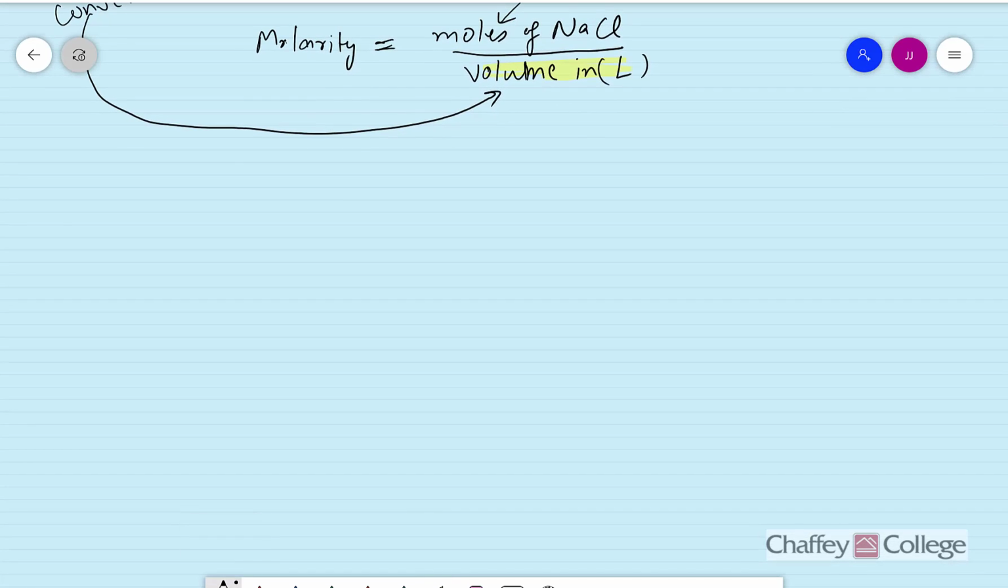In part two, we will classify whether our solution is an electrolyte.